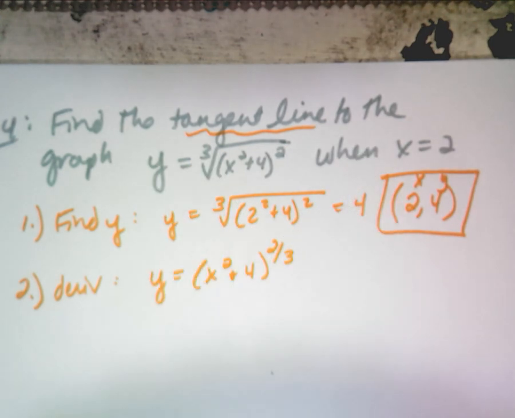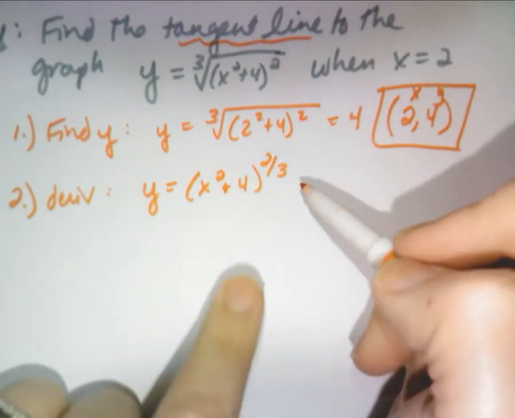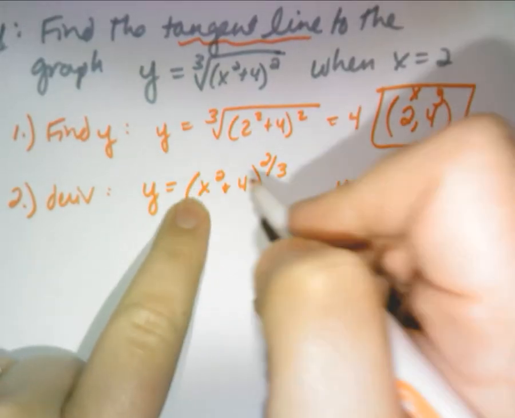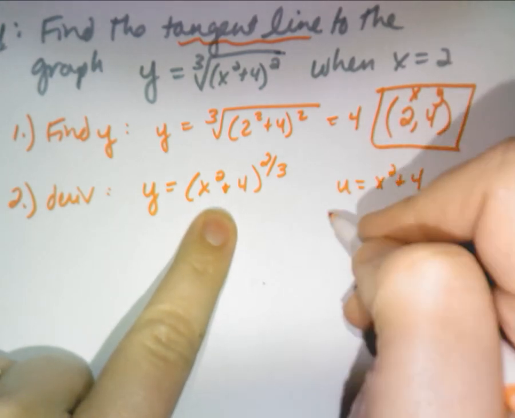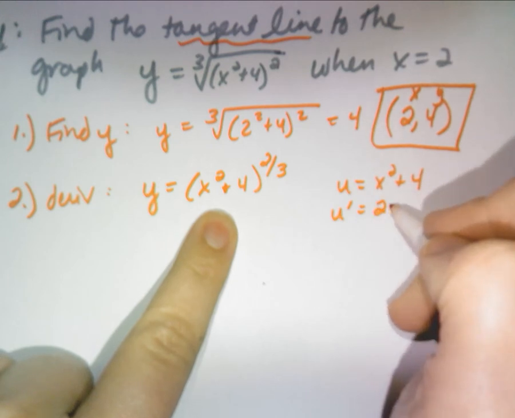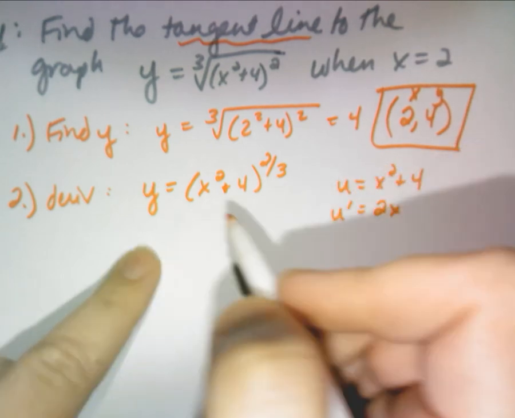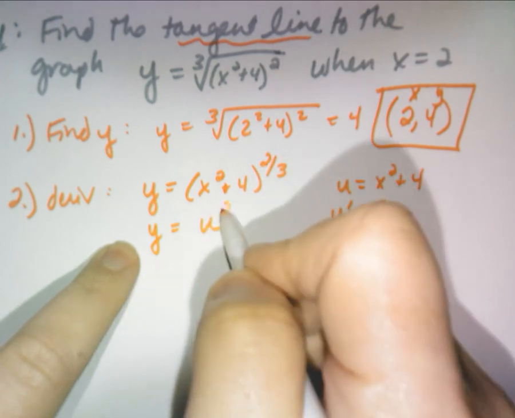Now we're going to go through the whole chain rule thing again and make sure we understand. Your u is whatever's in the parentheses, x squared plus 4. You take the derivative of that as is: 2x. You rewrite this as y equals u to the 2/3.